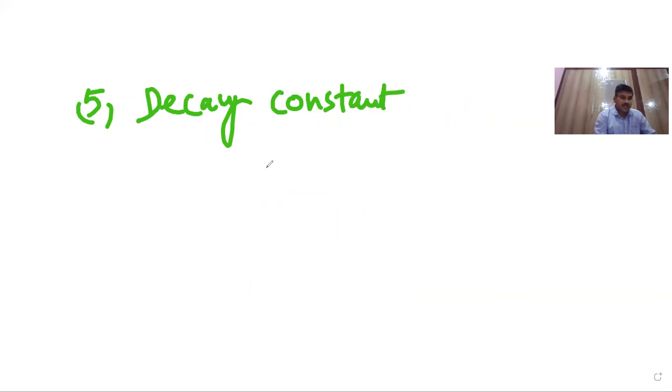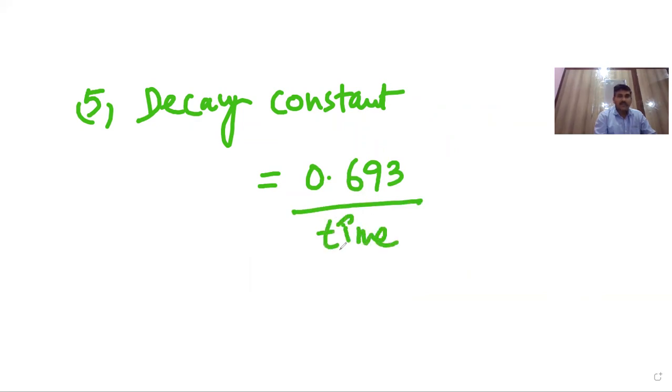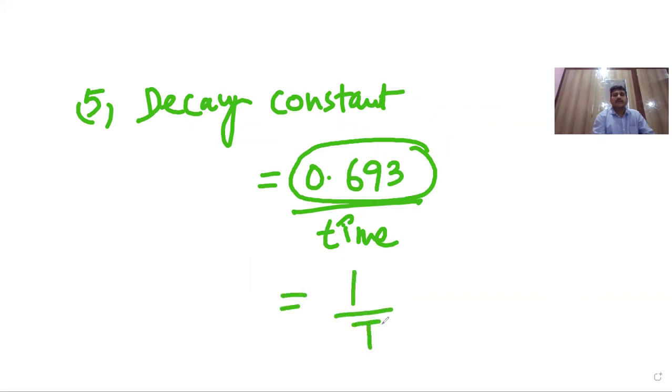The decay constant equation is 0.693 by the half-lifetime period. So this is a non-dimensional parameter, no dimensions for this. So 1 by t is nothing but T minus 1.